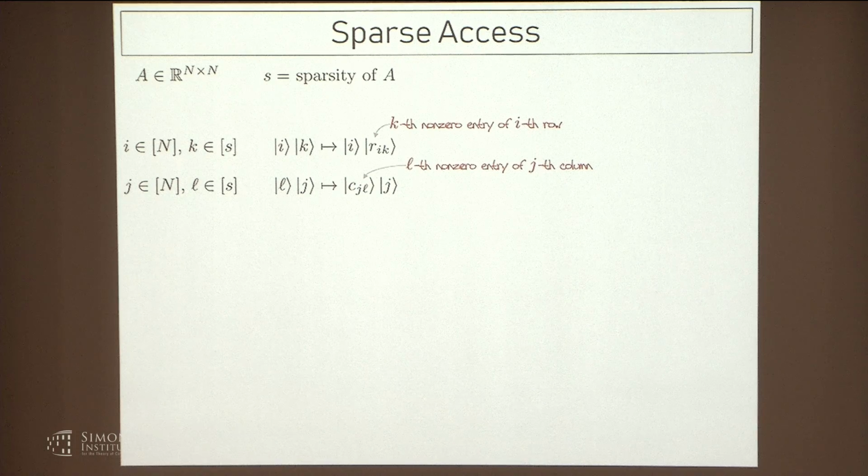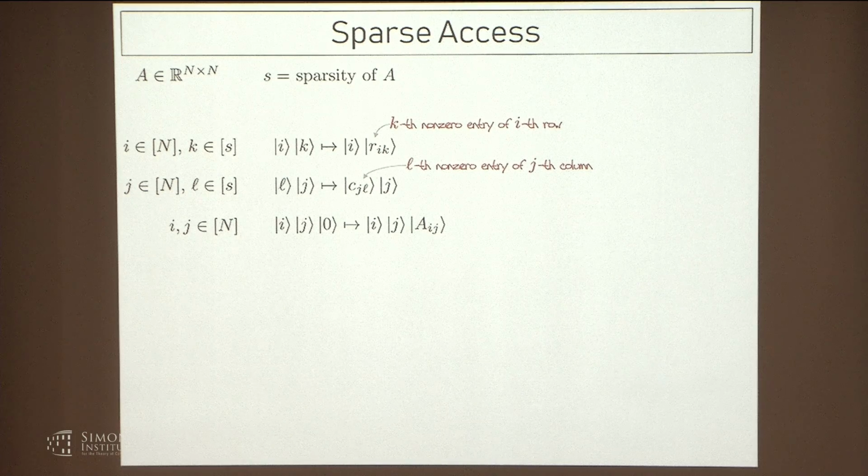And this helps us find non-zero entries of the matrix, which can be useful if there are only few of them. This could save us considerable work. And then we also have a third oracle, which for any i and j allows us to query the ijth entry of the matrix. Okay, so this is the sparse access input model. This is an input model, so we don't have to talk about how you would actually implement these oracles. They're just given to you.